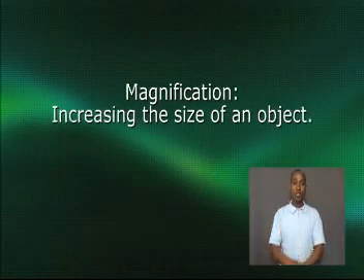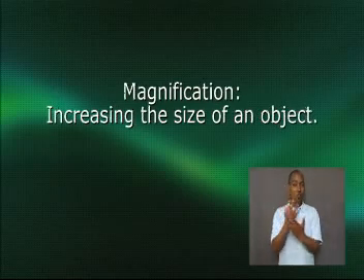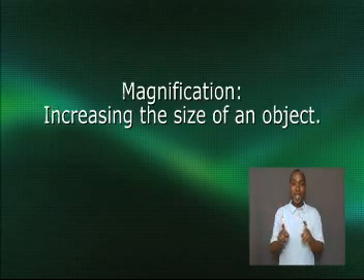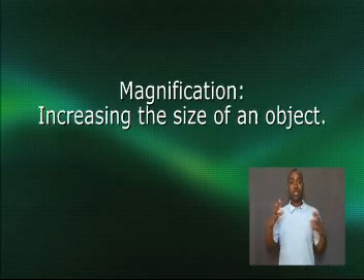By observing the smallest forms of matter, scientists can learn as much as they can about organisms. Light microscopes can magnify a specimen up to 2,000 times, while an electron microscope can magnify a specimen up to 2 million times.